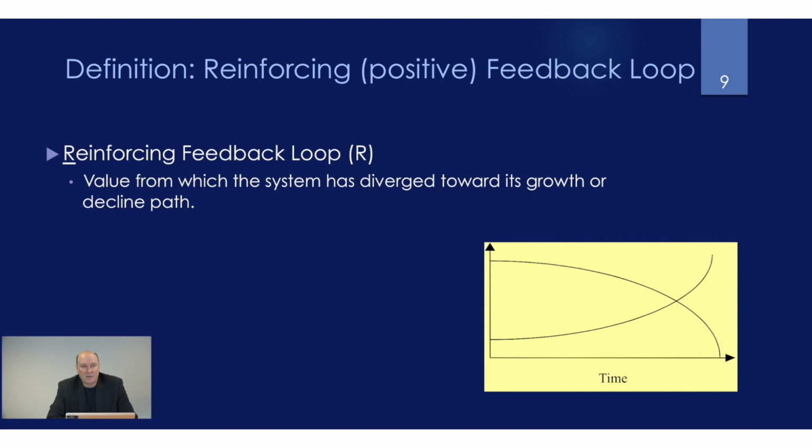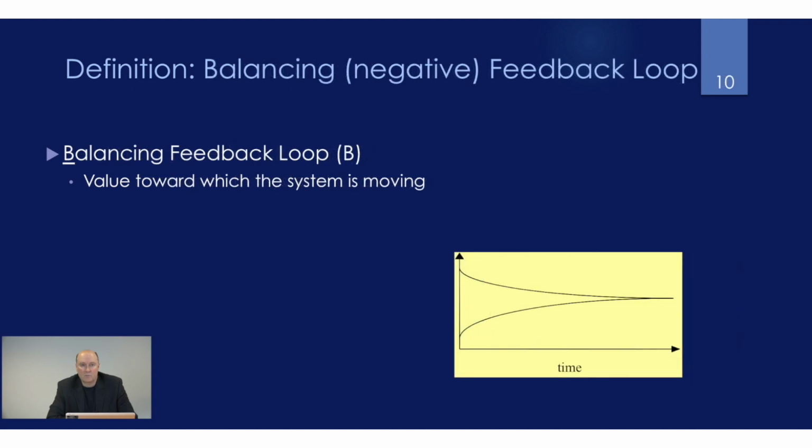And what characterizes the reinforcing feedback loop is that it shows the value from which the system has diverged toward its growth or its decline path. So from there you can observe that exponential growth or decline. Reinforcing feedback loops can also be called positive feedback loops, to keep in line with the mathematical principles that generate them.